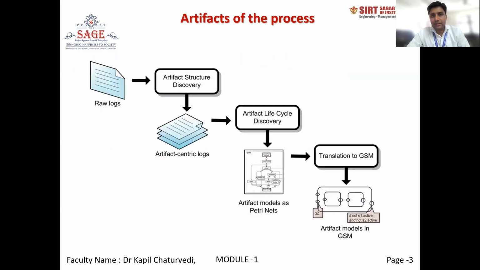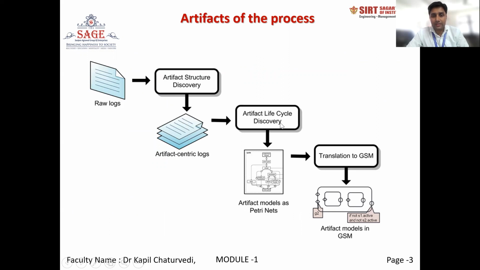In this diagram, we can easily understand what is actually an artifact. Here we see the artifact structure discovery, meaning the raw log, the raw data which we have to maintain in some documents. And there are some repositories which cover artifact-centric logs.